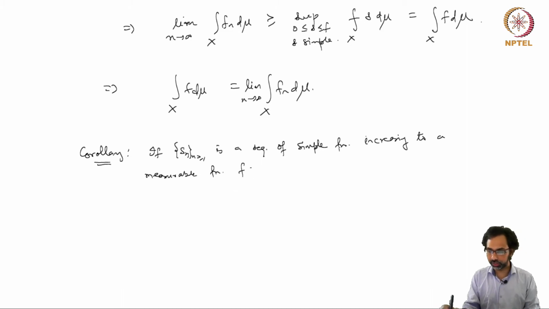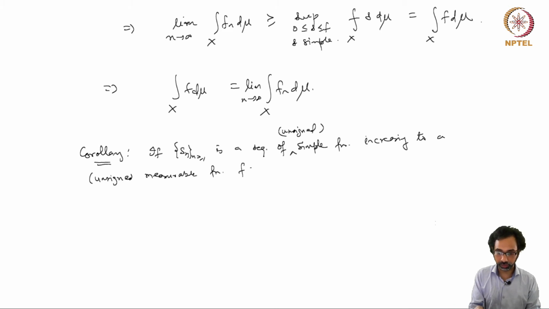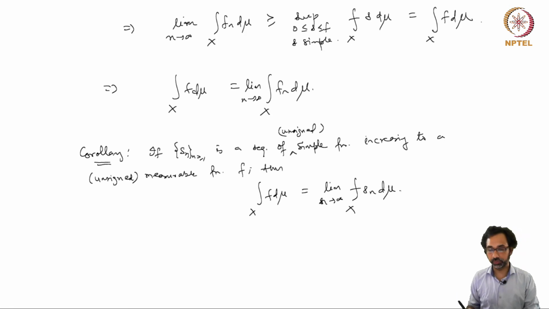So all of these are unsigned, and here also unsigned. Then the integral of f d mu is equal to the limit as n tends to infinity of the integrals of s_n d mu, and we have already seen that such an increasing sequence always exists for an unsigned measurable function.